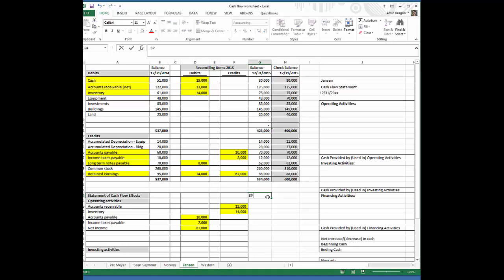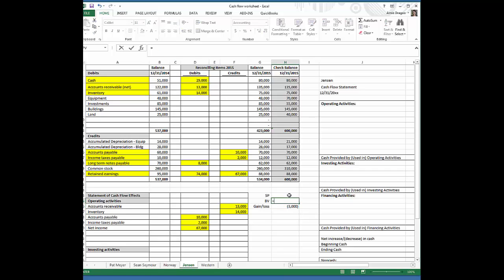So we know we're going to take selling price minus your book value will give you a gain or loss. Okay, the loss was given as $3,000.